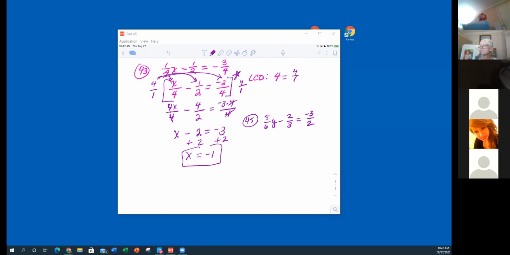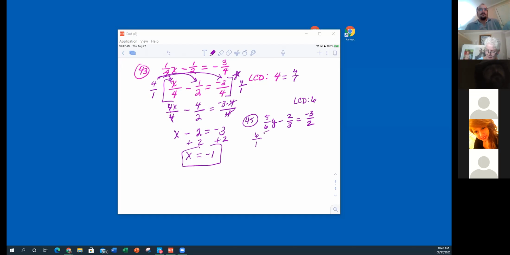Okay, what's the lowest common denominator? 3. Okay, will 2 go into 3 evenly? 6, right. 6 goes into 6, 3 goes into 6, and 2 goes into 6. So our LCD is 6.